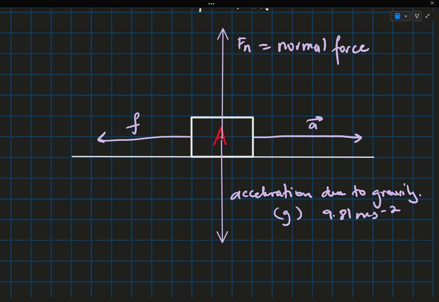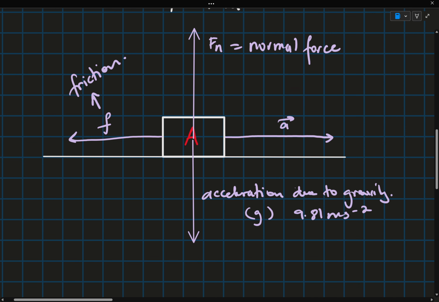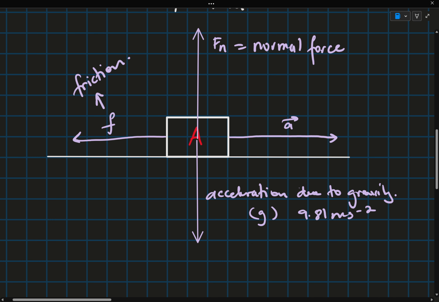Gravity is acting down, and the resistive force is a normal force. If the body is accelerating in some direction, it will feel a resistive force in the opposite direction, which is friction. Alrighty? Let's say, for example, now, let me move this and let's tackle this.